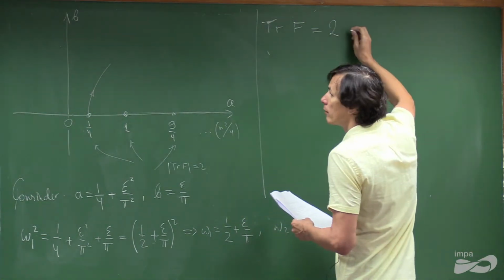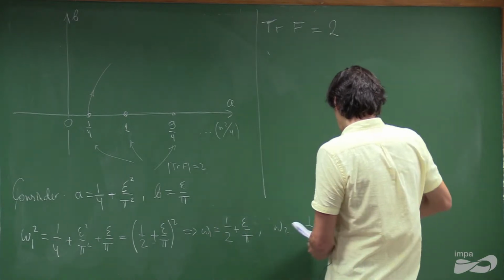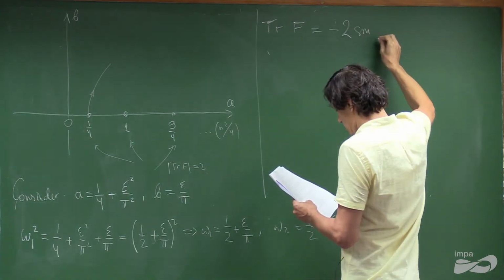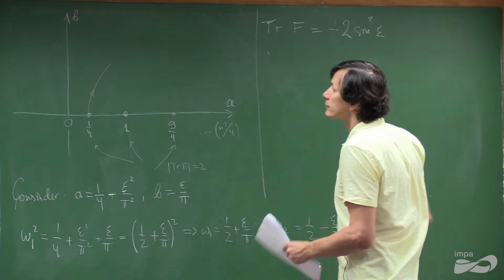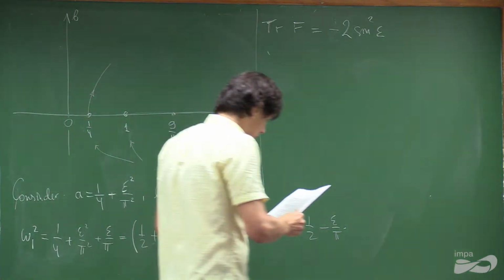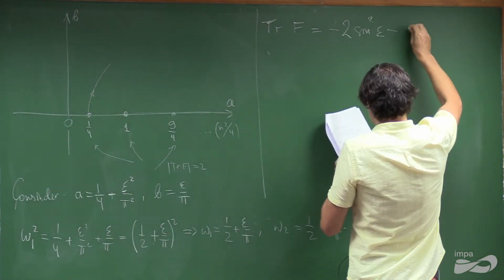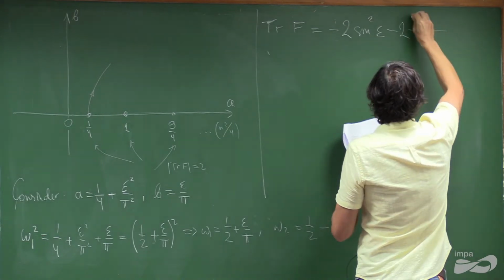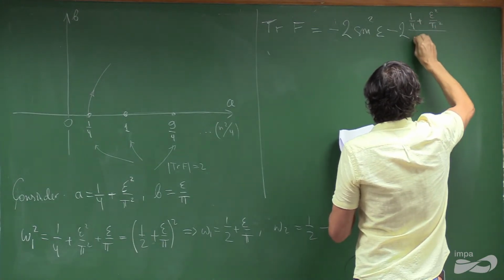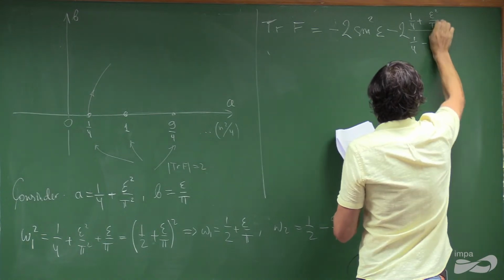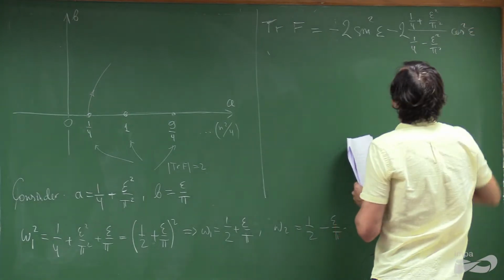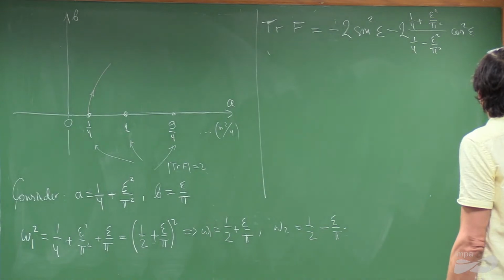And the other will be with minus. So essentially the first term will become minus 2 sine squared epsilon. Just check it later. And then for these terms you get exactly minus 2 times (1/4 plus epsilon squared over pi squared) over (1/4 minus epsilon squared over pi squared) times cosine squared epsilon. So that will be the formula exactly.